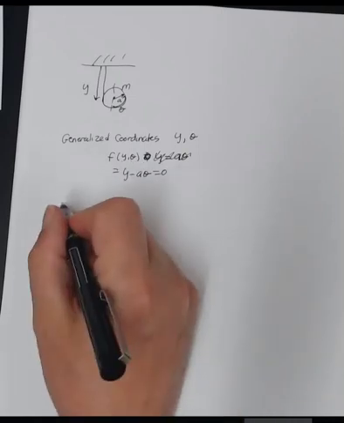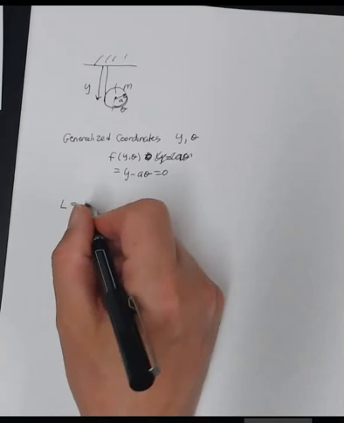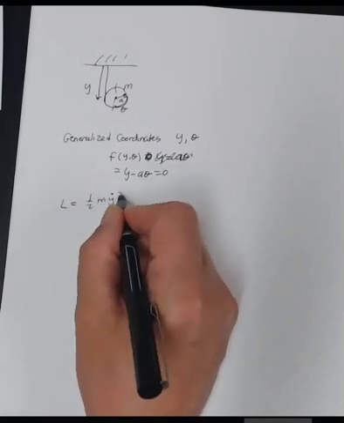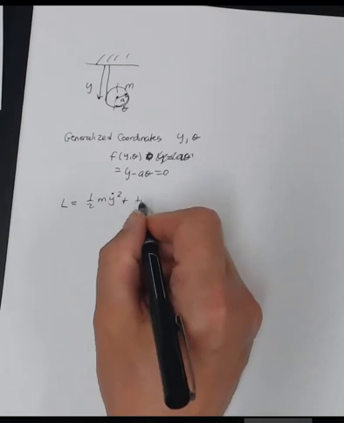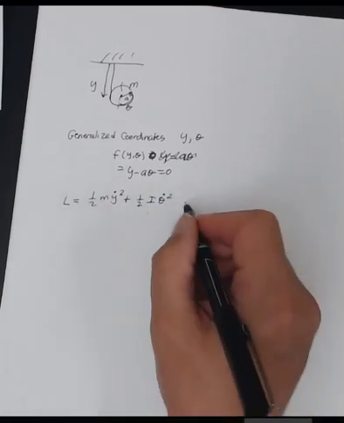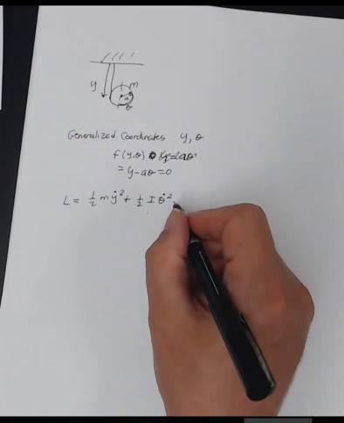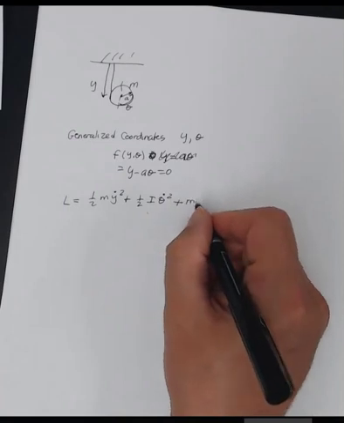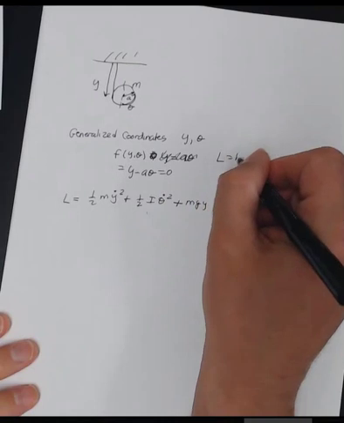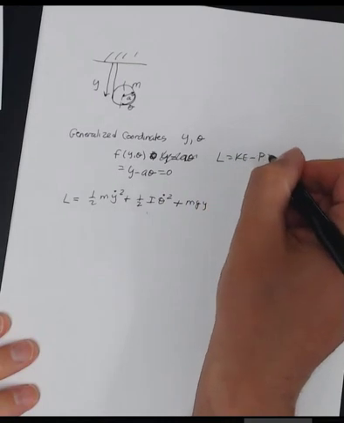So let's find our Lagrangian. It's 1/2 m y dot squared plus 1/2 I theta dot squared, the rotational kinetic energy, minus the potential, so plus mgy. Because again, the Lagrangian is kinetic energy minus potential energy.